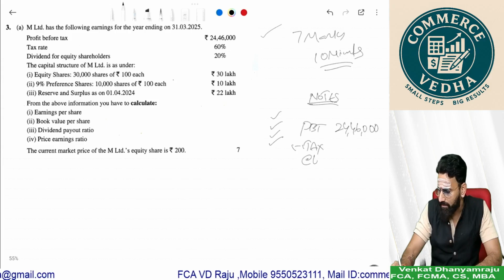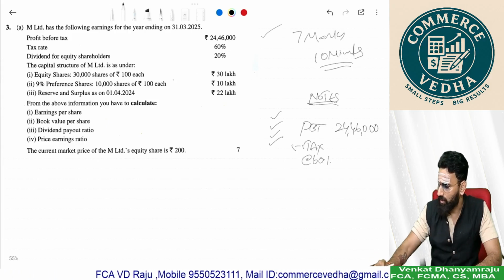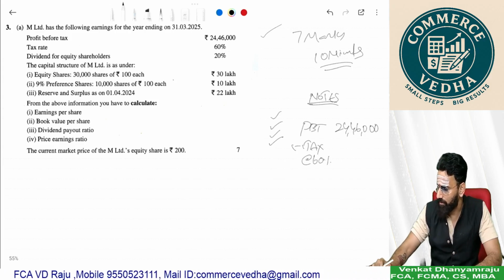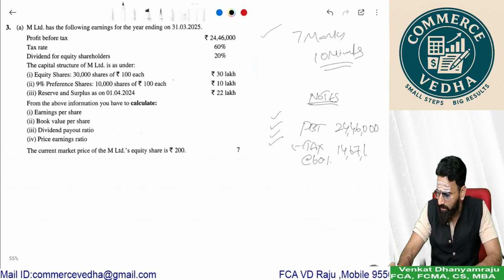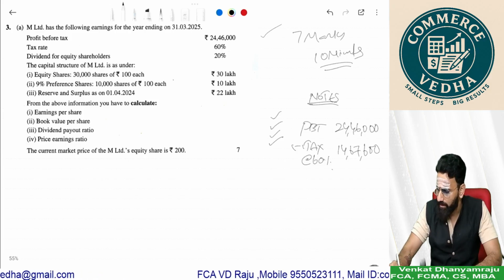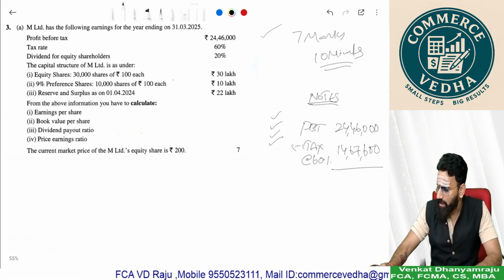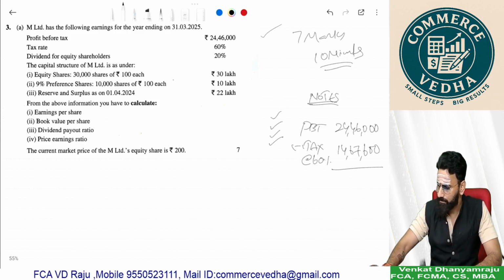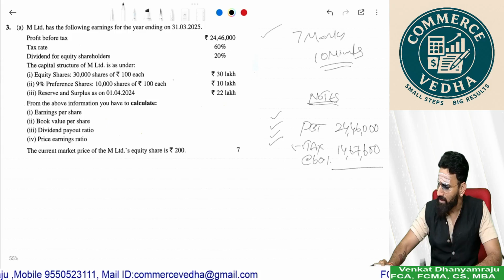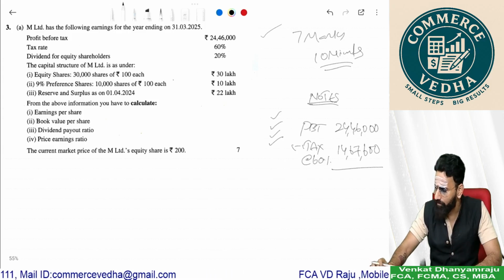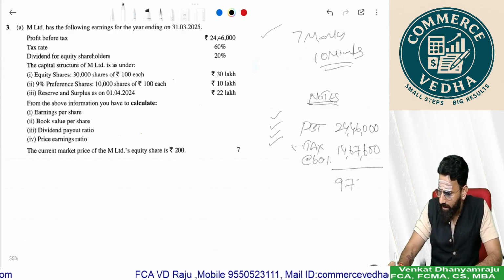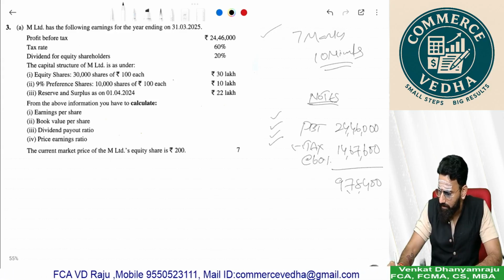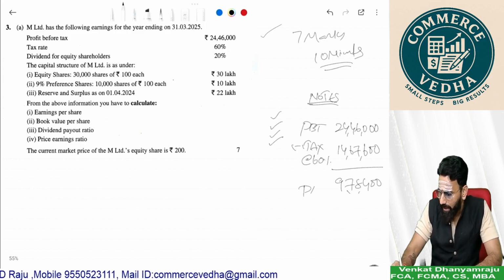The tax is 60%, which is 24,46,000 into 60%. Tax is 14,67,600, leaving an after-tax profit of 9,78,400. Now this is called PAT.